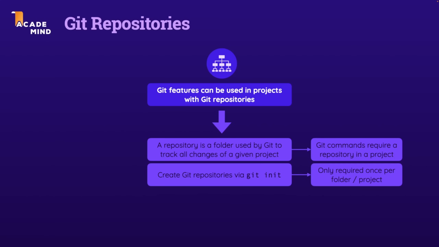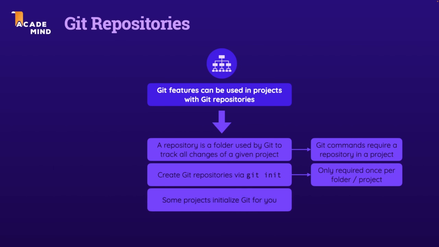And some projects that you might have created with help of other tools or CLIs might already do that for you. In that case, git init will tell you that it's not needed anymore though. For example, if you create new React projects, those typically come with a Git repository. But that's not too important here.